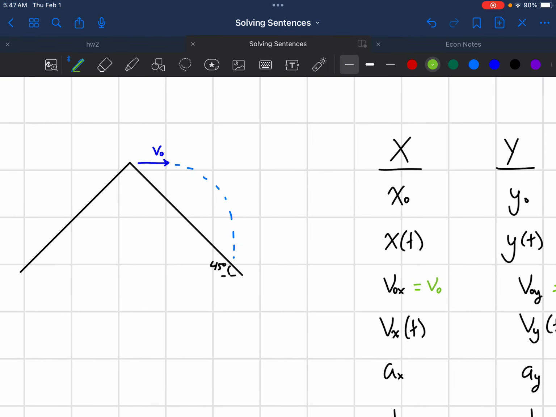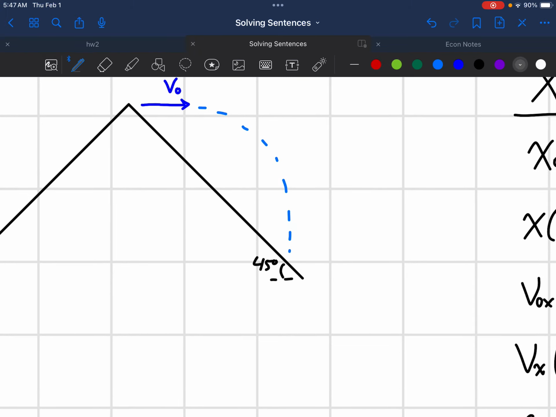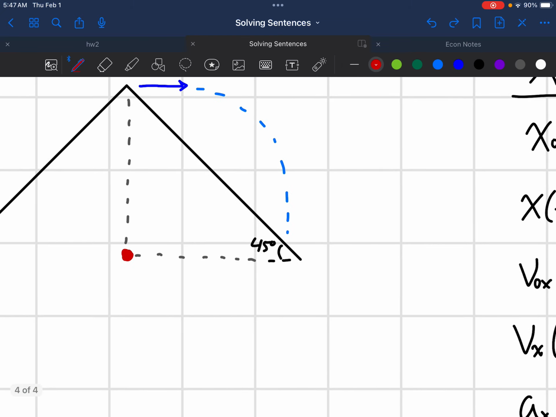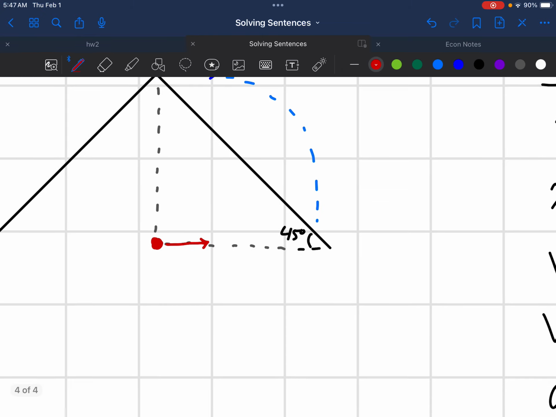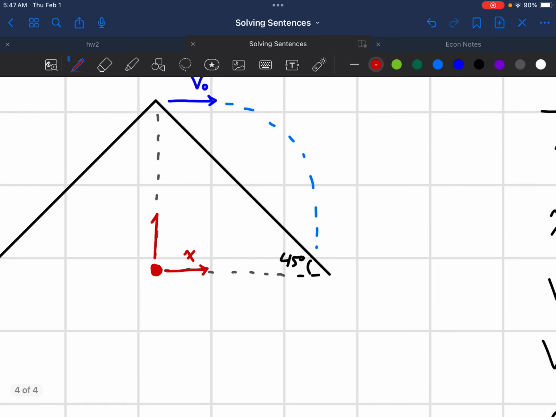Now, like I usually say, I like to set my coordinate system at my lowest and leftmost point of my problem, which means I'm going to set it down here, right, with positive x going that way and a positive y.